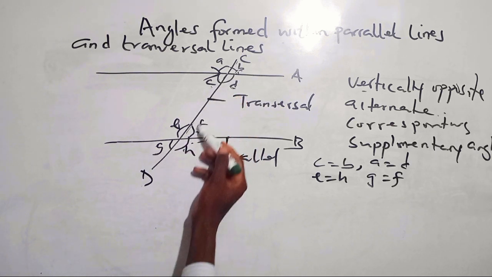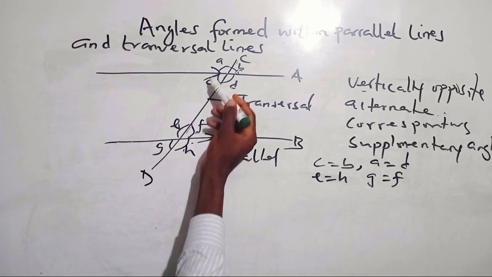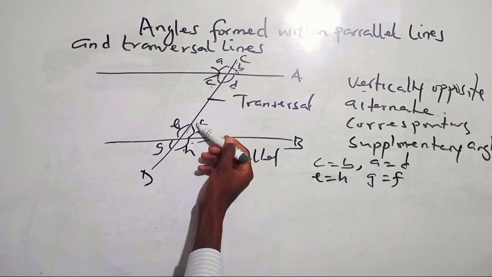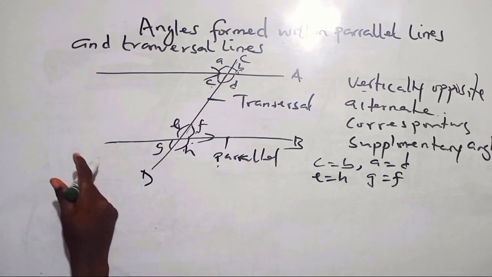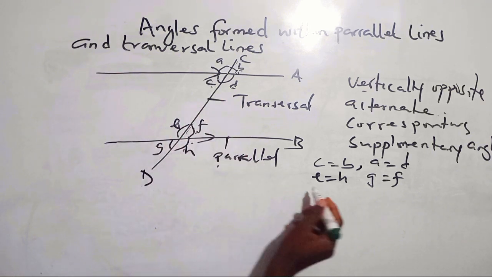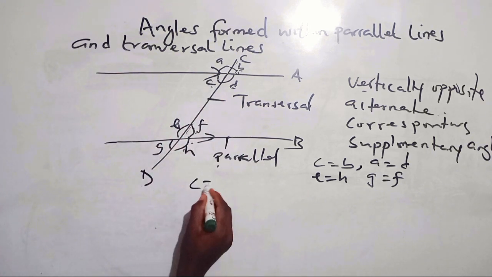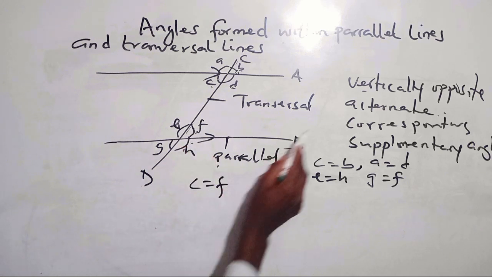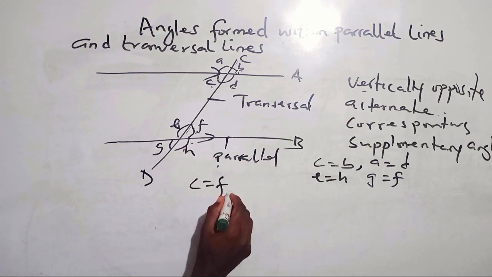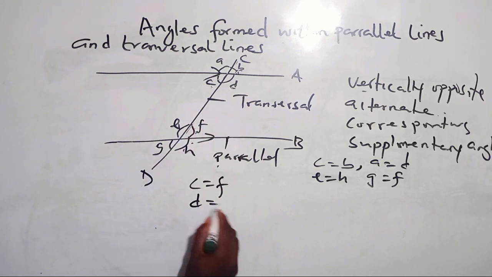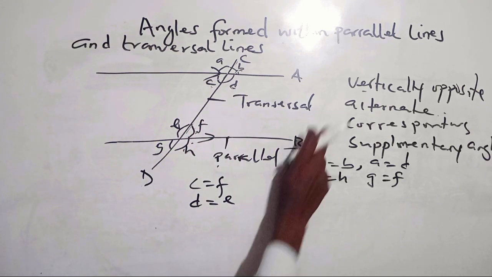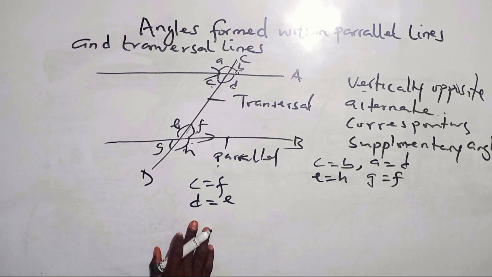We have this equal to this. So we can say angle C equals angle F for alternate angles, and angle D equals angle E, alternate to one another.